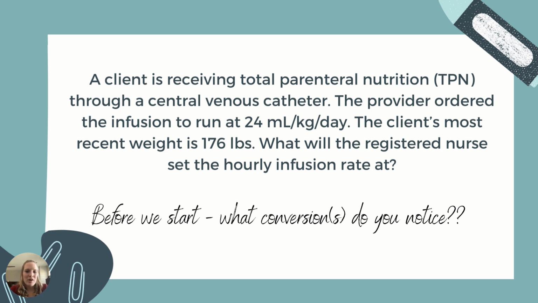And now we can figure out that daily dosing. If we have 24 milliliters per kilogram per day, we can simply multiply 24 by the number of kilograms our client is. So 24 times 80 equals 1,920 milliliters per day. Now let's go back to our practice question.